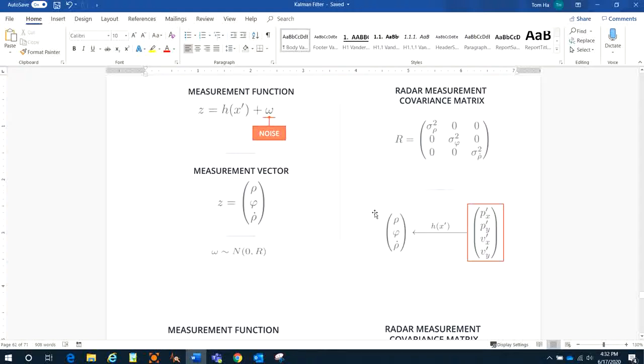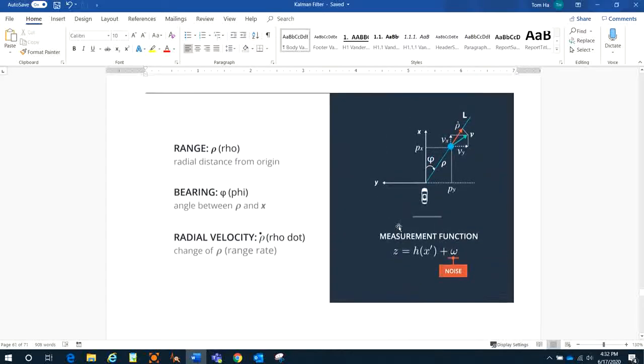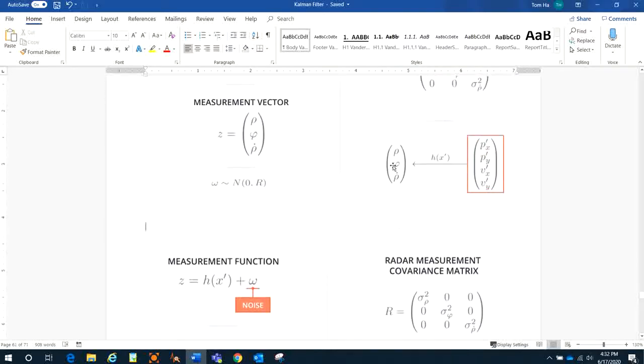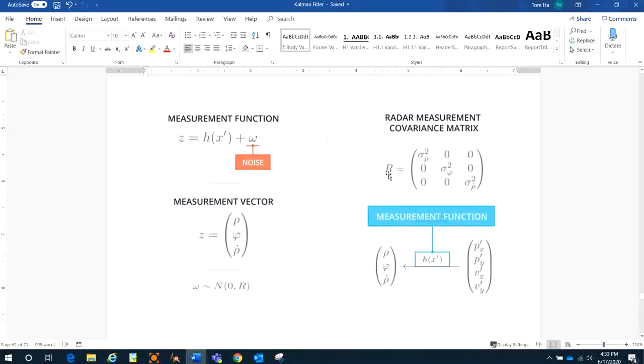The measurement from the radar sensor gives us rho, the radial distance from the origin to the object, the angle phi, and the radial velocity. But the state variables px, py, vx, vy are in the Cartesian coordinate system. So what is the function H for mapping from the Cartesian to the polar coordinate system? We have to think about how to get that measurement function.